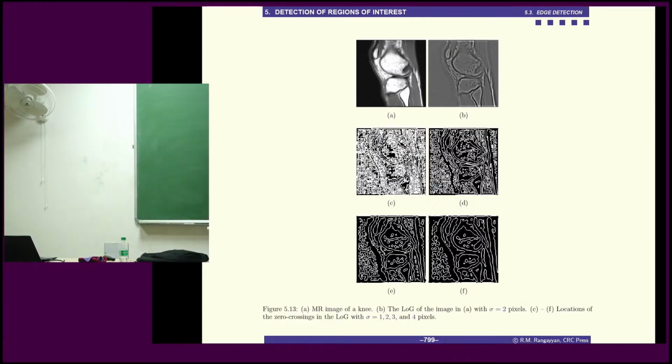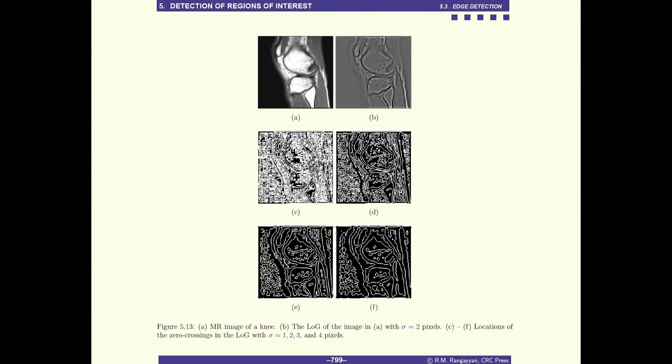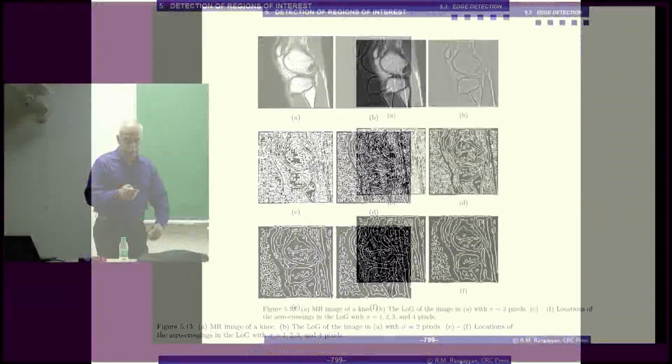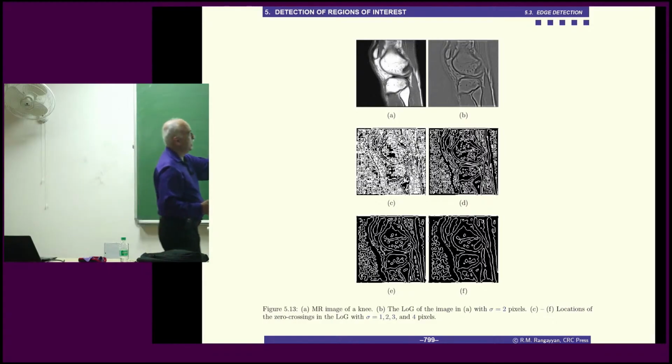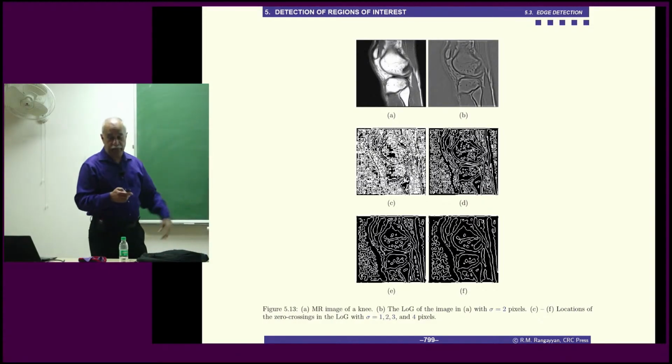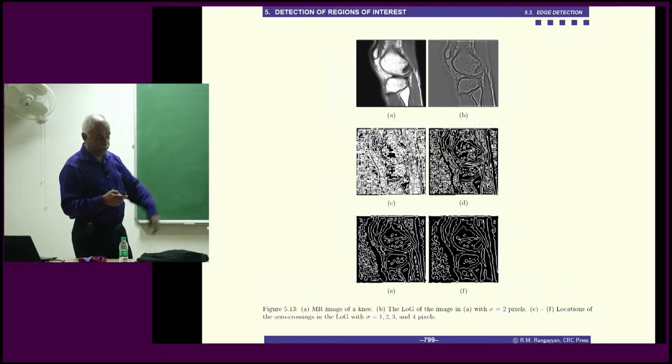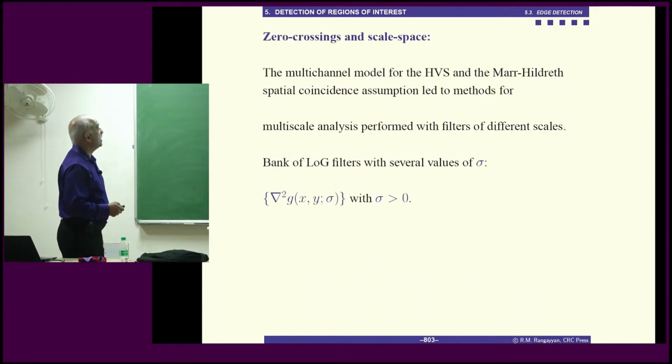So you make a stack, put one on top of another, and look through them and see how the zero crossings merge and end, begin and end, and merge in between. And that gives you an indication. That is the scale space. The scale is sigma, this is the space, and zero crossings are those positions marked, the xy coordinates of those positions.